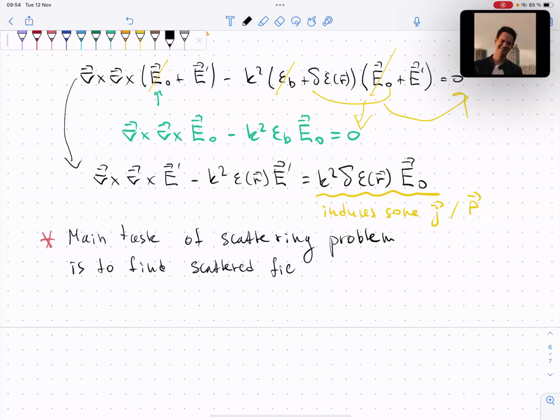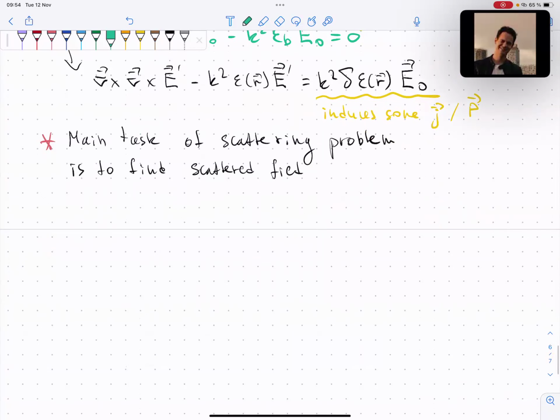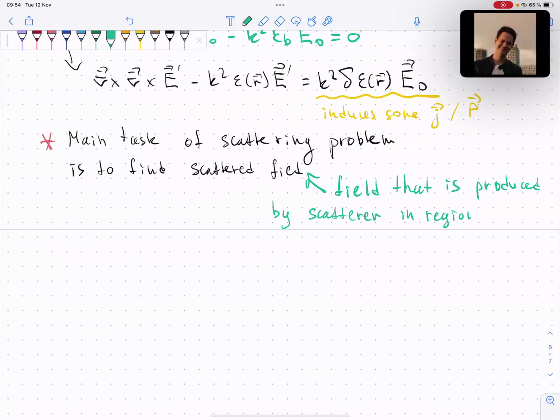The scattered field is the field that is produced by the scatterer, in the region outside of the scatterer, region 1.